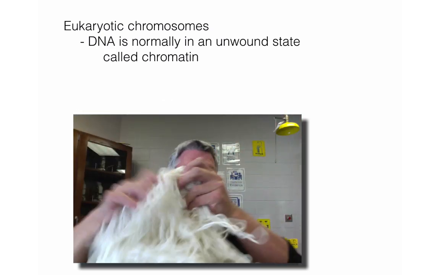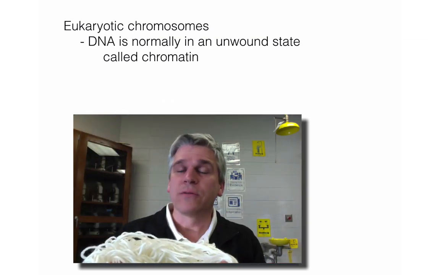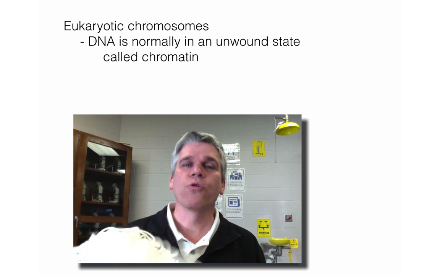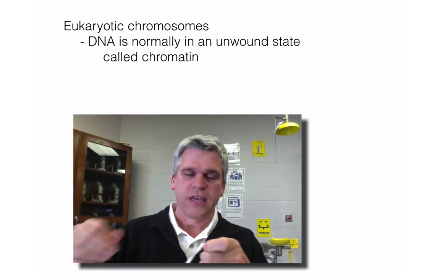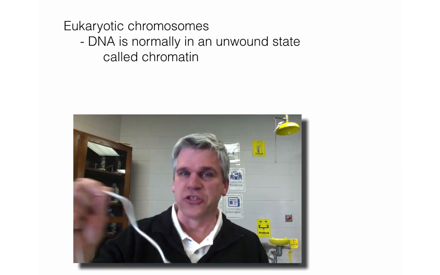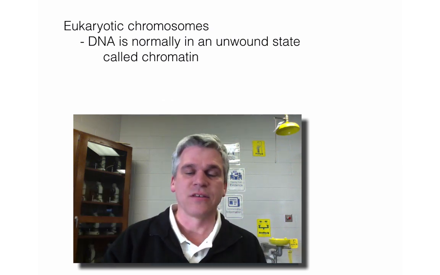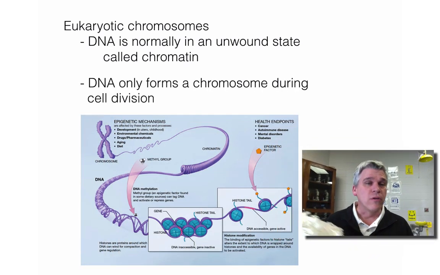I mean, this is that one amount of yarn, but it's in an unwound state. So we call this chromatin. Now, the reason why we see DNA like this is because it's easy access to genes. And of course, a gene is just a segment of DNA that's making up that chromosome. So again, we only see DNA forming into chromosomes during cell division.